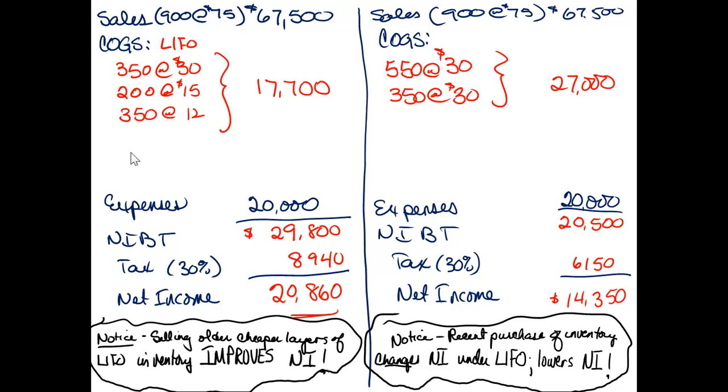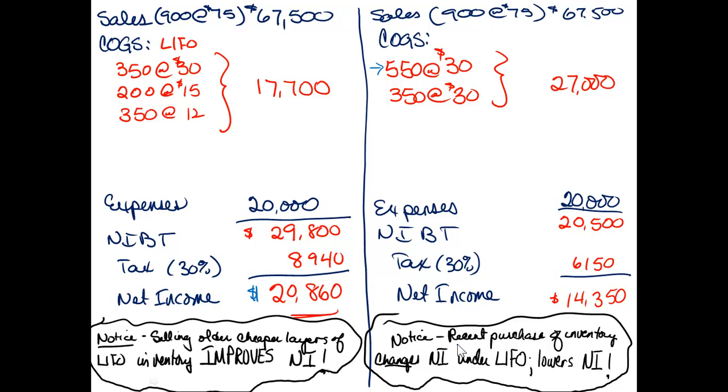Under this method, we're dipping into our older layers, and as you can see, by dipping into our older layers, we are able to get a higher net income. Whereas if we go shopping for that $30 layer at the very end of the year, notice our net income is lower.